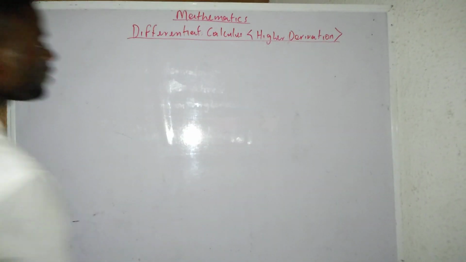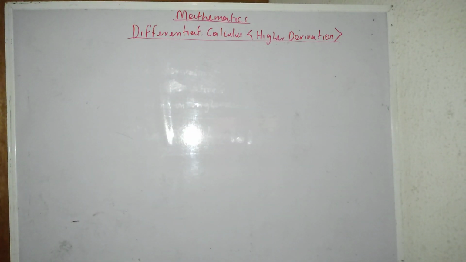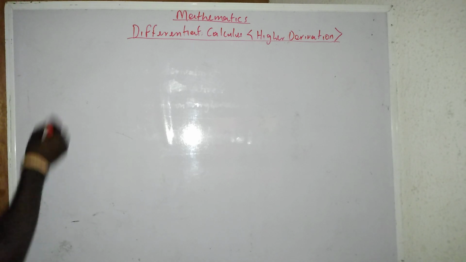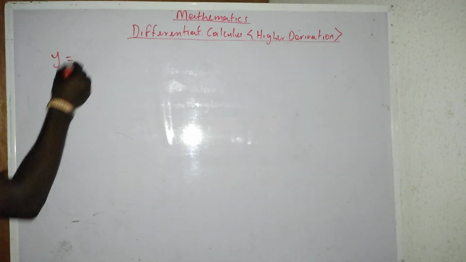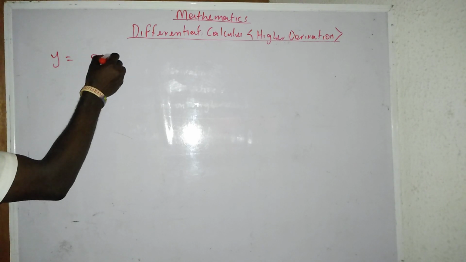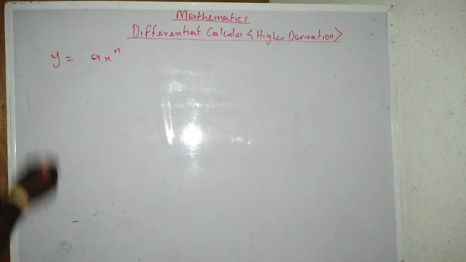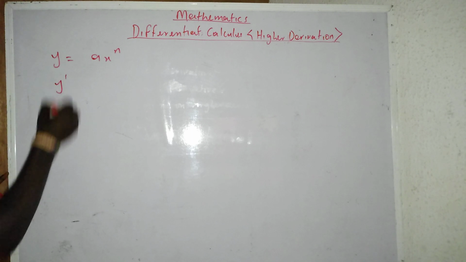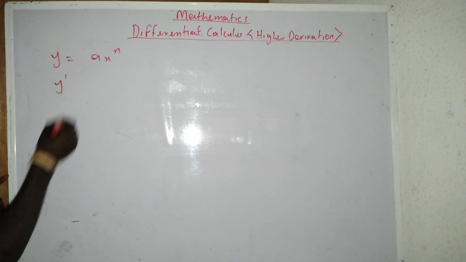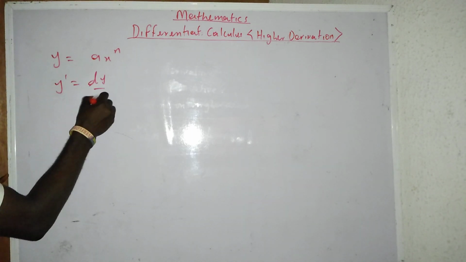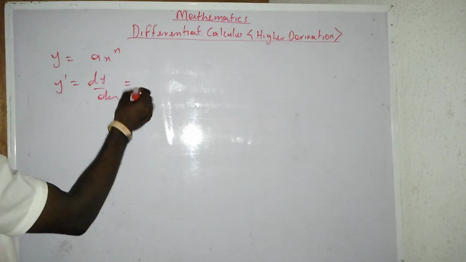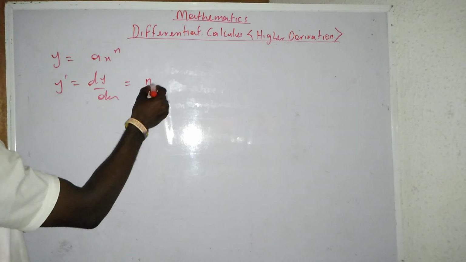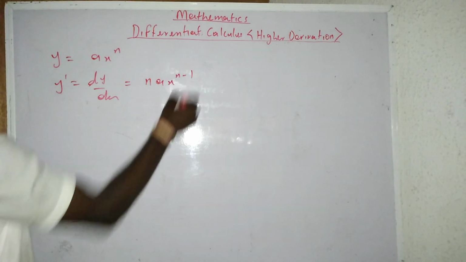Now, if we are talking about higher derivatives, it means we are differentiating n number of times. If I have a function like this, y equals a x to the n, then y prime, which can also be written as dy/dx, will be what? n a x to the n minus 1.